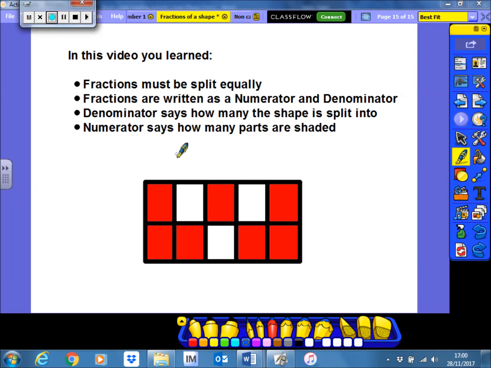So in this video, we've learned that, first of all, fractions must be split equally. It is only a fraction if the shape has been divided equally. Fractions can be written as a numerator on the top and a denominator on the bottom. The denominator says how many parts the shape has been split into in total. So in this case, it's been split into 10.